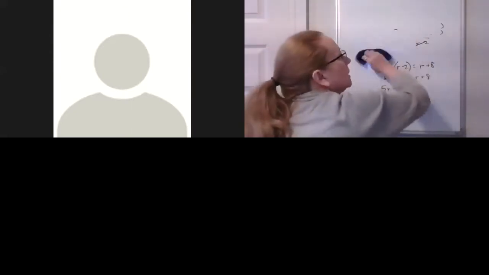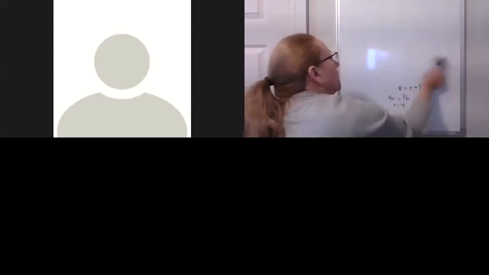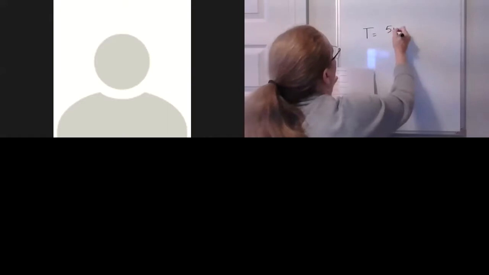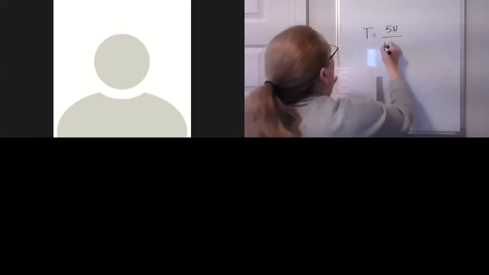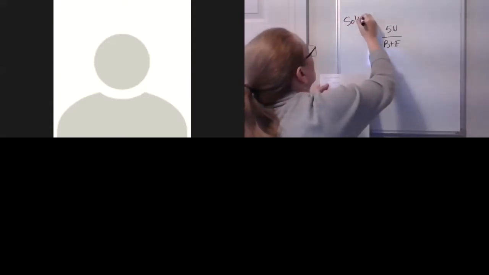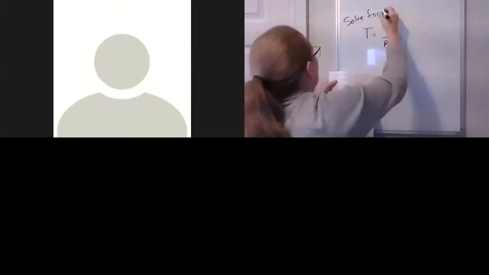We're still using the same method that we used here with our equations, because these are equations and we're solving for a particular variable. So if we have t equals 5u over b plus e, and we're solving for b.